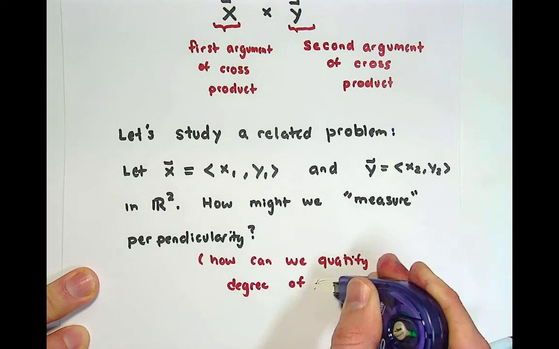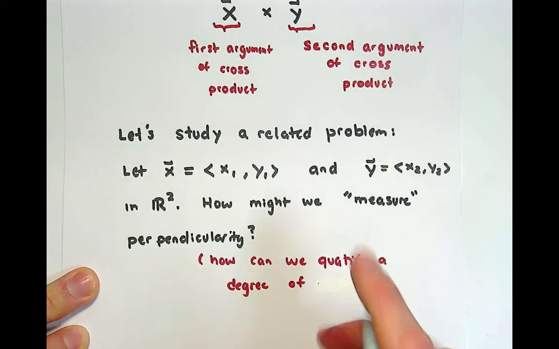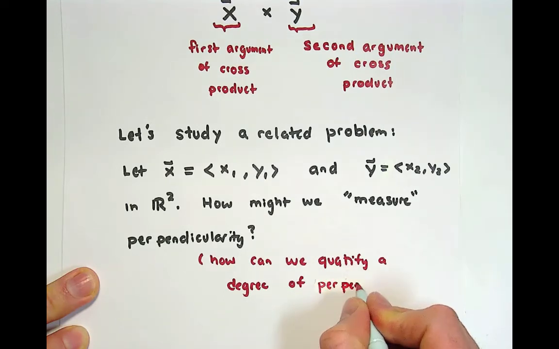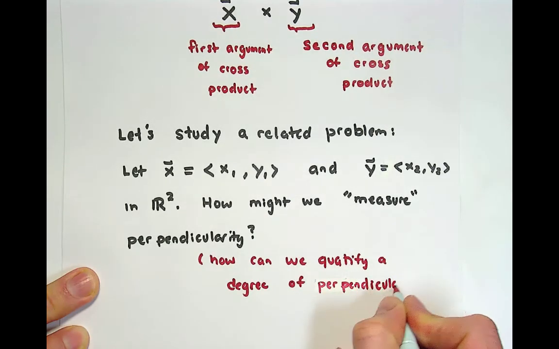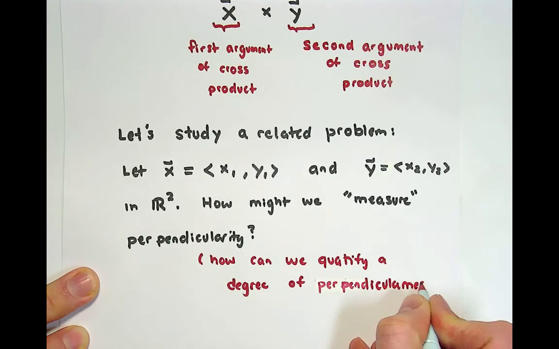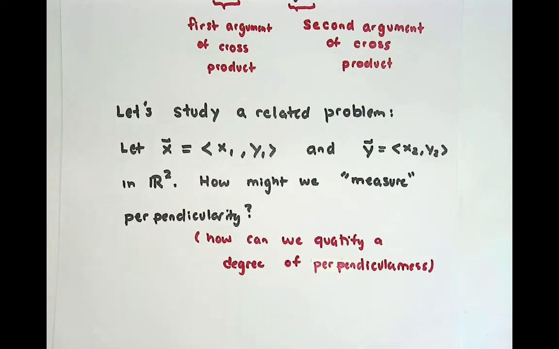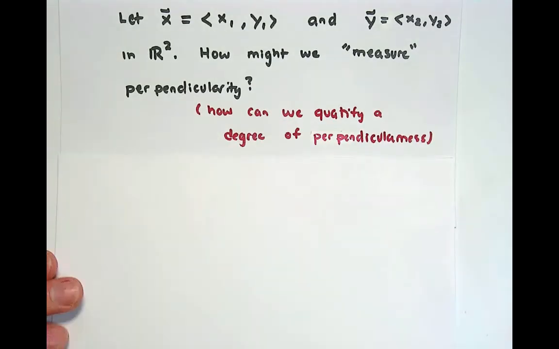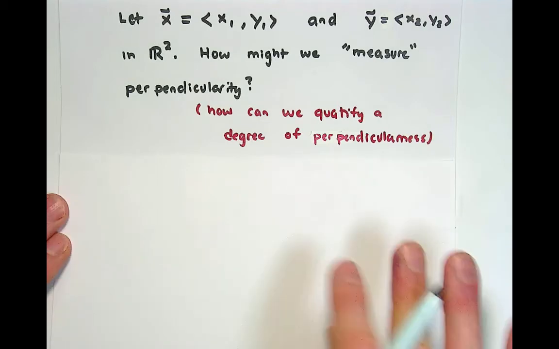For those of you people that love grammar, you should sue me. Perpendicularness. The state of being perpendicular. The reason that I do this is because I want to start to build intuition. All of this is about intuition in many, many ways.